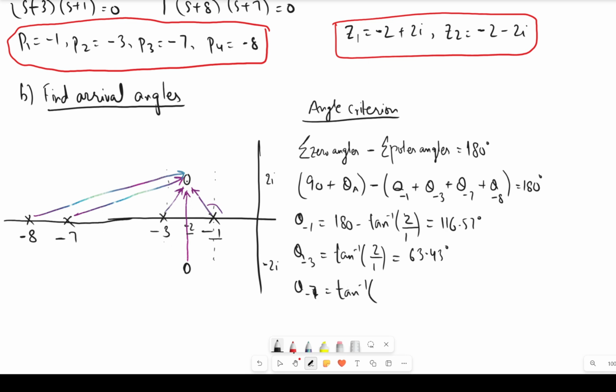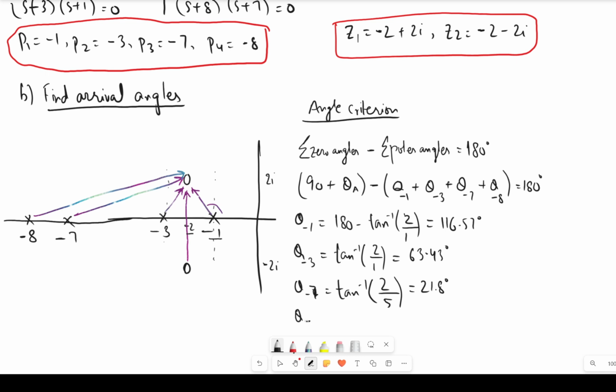And theta -7 means tan inverse y by x. Again the height is 2, but the x is not 7. In fact, it is the distance between 7 and 2. So 7 till 2 means 5, which is equal to 21.8 degrees.